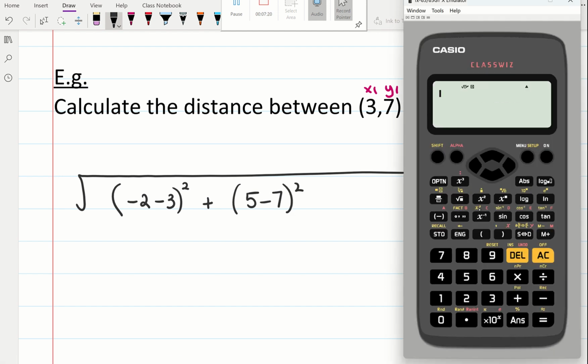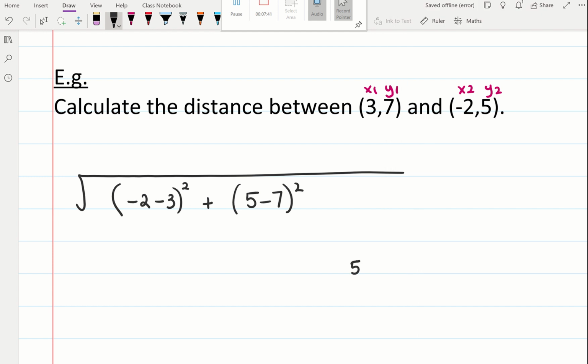And again, I'll put that into my calculator, square root of negative 2 minus 3 squared, plus 5 minus 7 squared, and it's root 29, and that is 5.39 because the 5 rounds the 8 up. So 5.39 to 3 significant figures. And that is the end of Pythagoras on a grid.